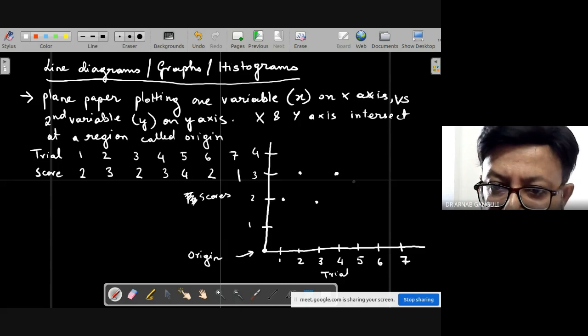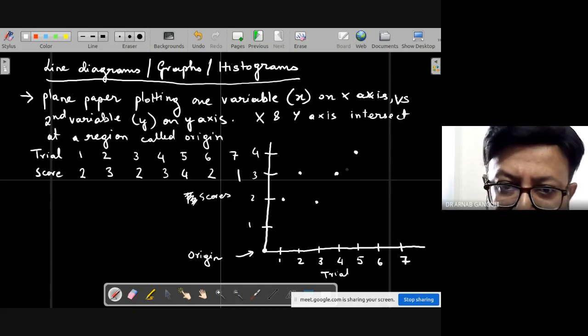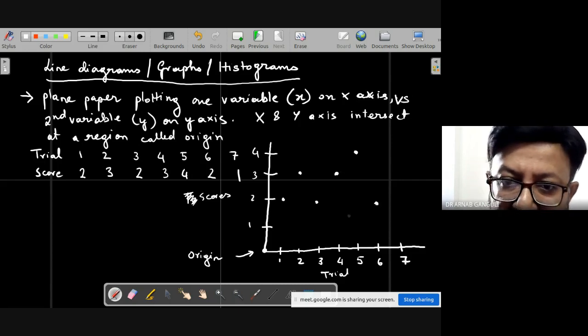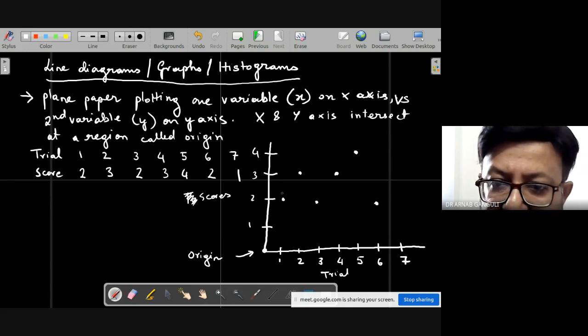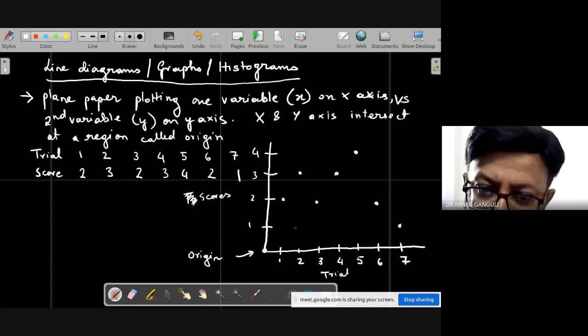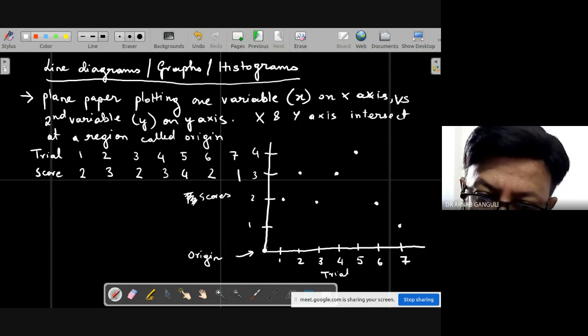Trial 5, it came here. Trial 6, again 2. Then trial 7, it went to 1. So basically from the origin, you can draw this.